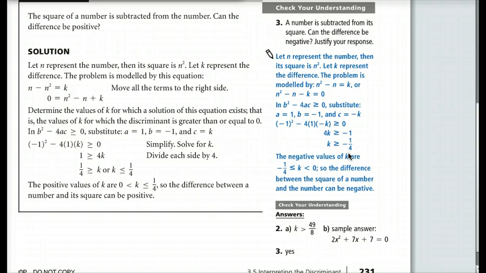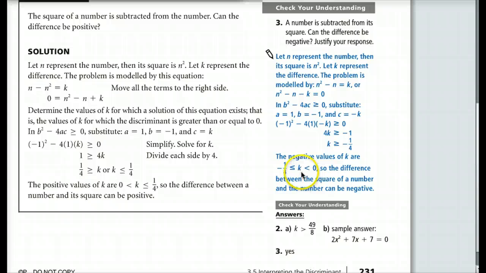Since k has to be negative, and it's greater than -1 over 4, it's always going to be negative. As k increases, its absolute value gets smaller and eventually reaches 0, but it cannot be 0 because k has to be negative.